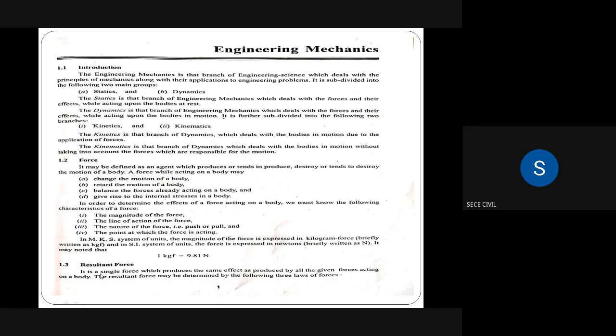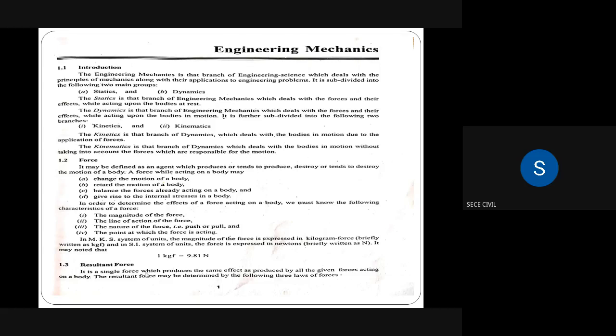After that, resultant force. What does it mean by resultant force? In a system or an object, many forces may act. Because of all those forces, there will be a resultant force.